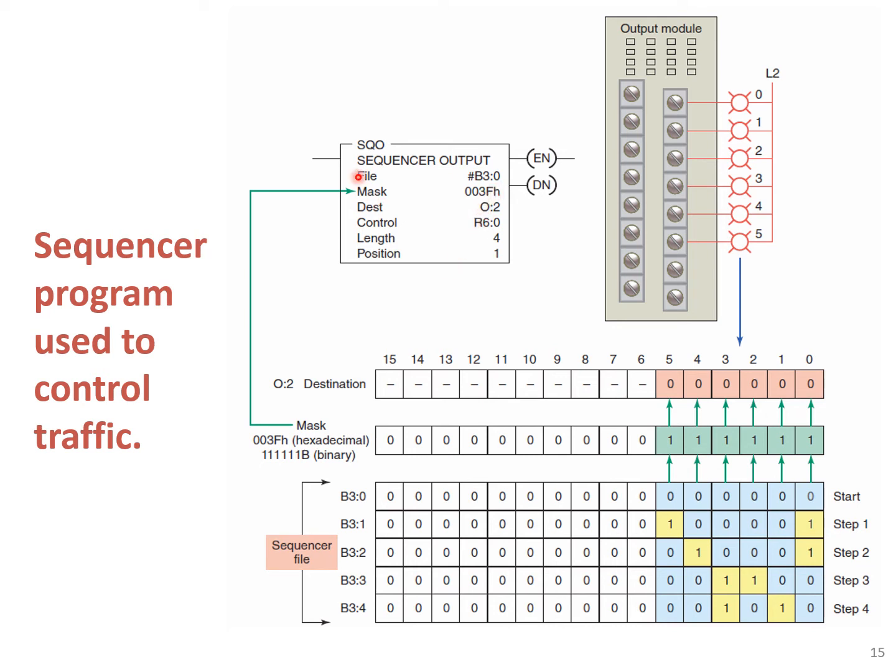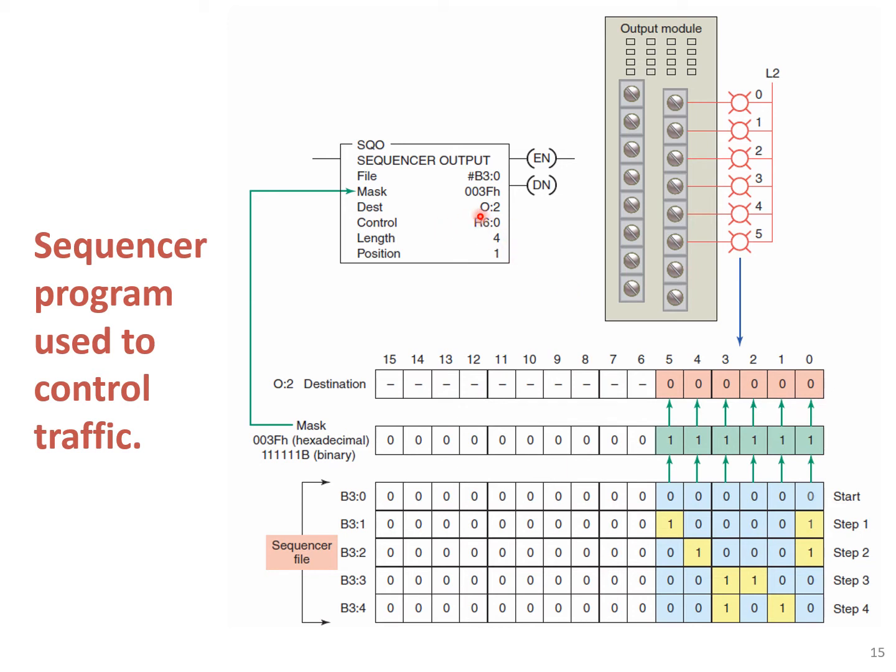And the file. What is the file? This is the start of the file. We said that it refers to the first word of the file, which is B30. What is the destination? Destination is O2, which could be O20, O21, O22, O23, O24, O25.